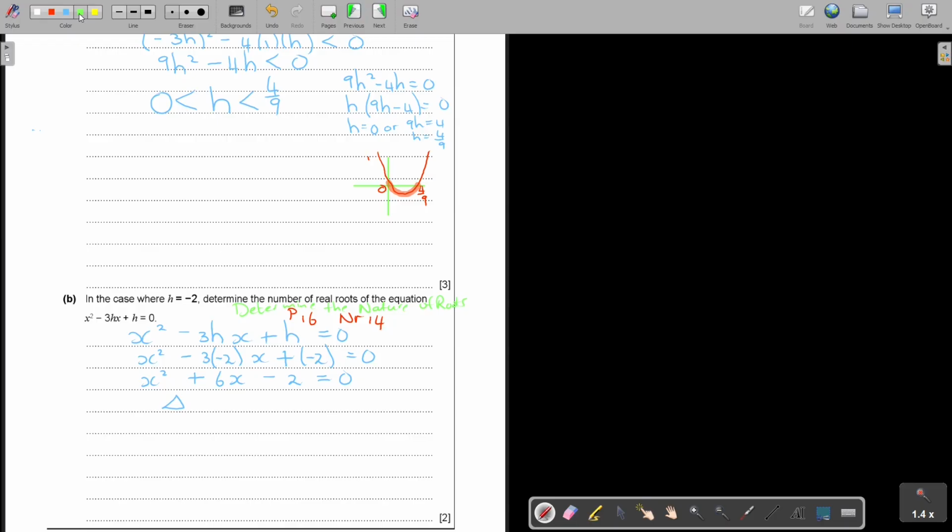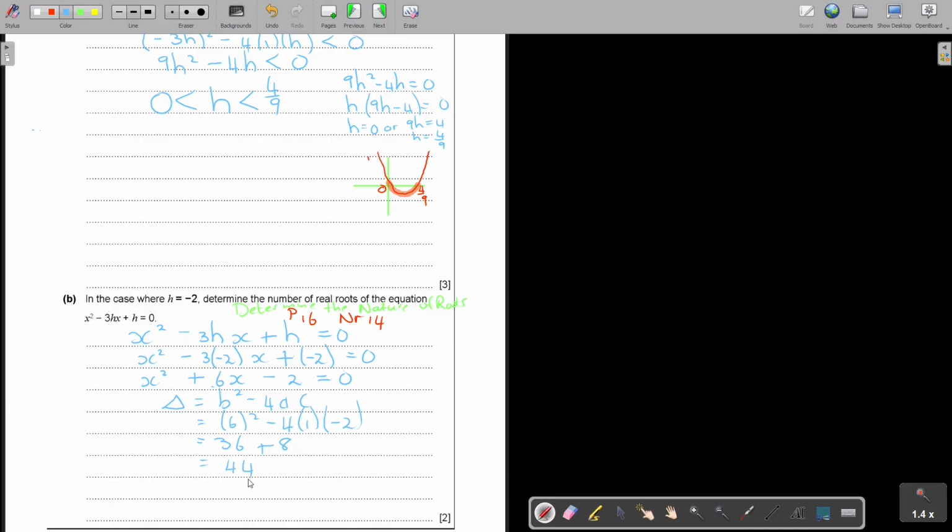That will help you. So the discriminant: it's b squared minus 4ac. So b squared is going to be 6 squared minus 4, a is 1, c is -2, is equal to 36 plus 8, and that's 44.